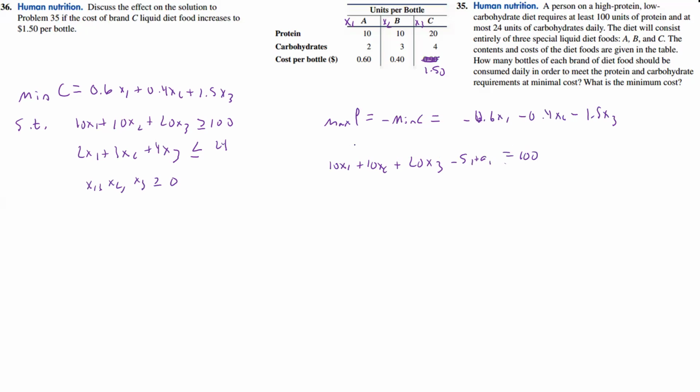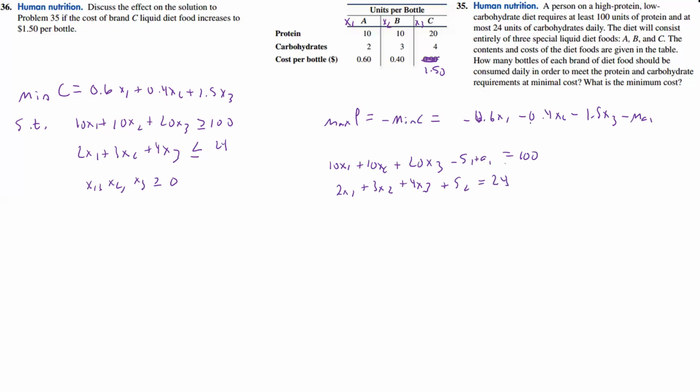Because of that, this actually is going to have a minus MA1 because we have that A1 here. And then over here we have 2x1 plus 3x2 plus 4x3, and then we add in our slack variable, S2, and that's equal to 24.